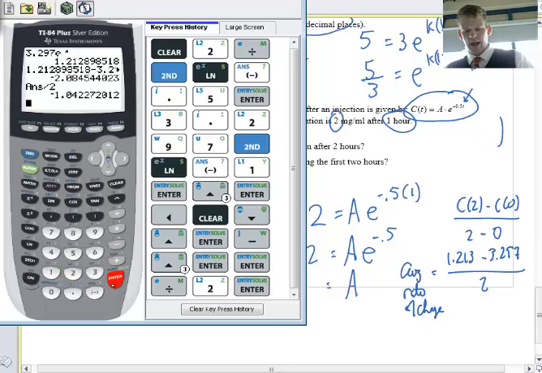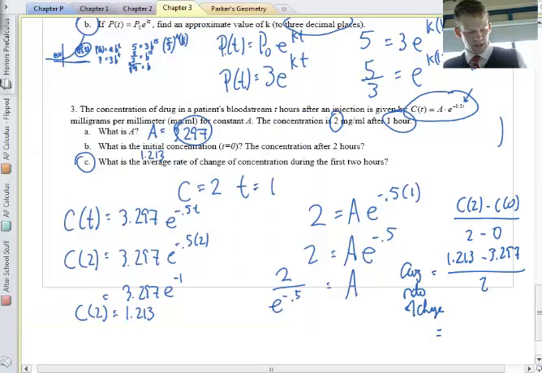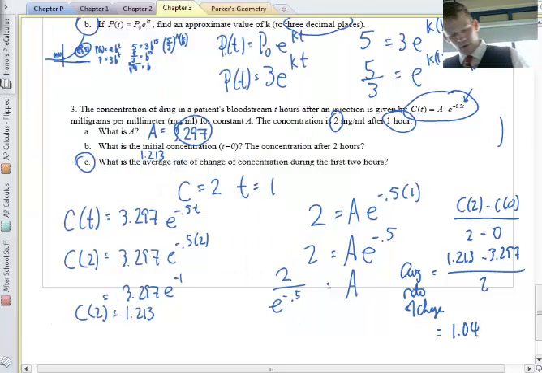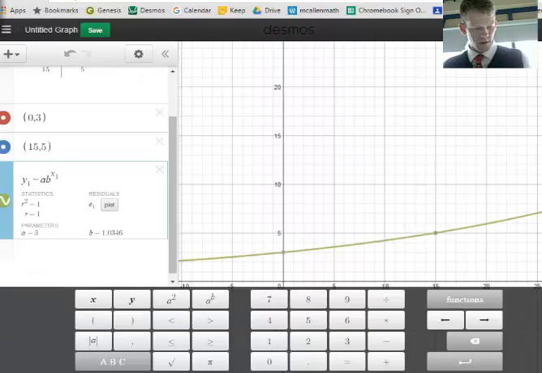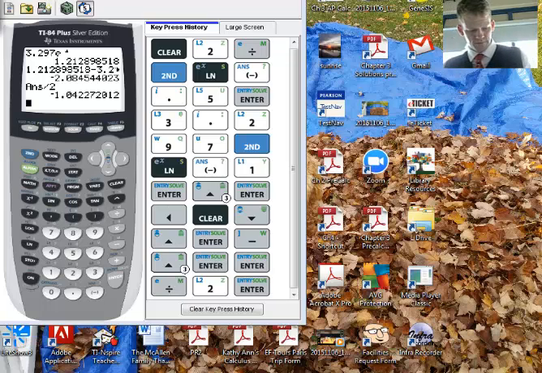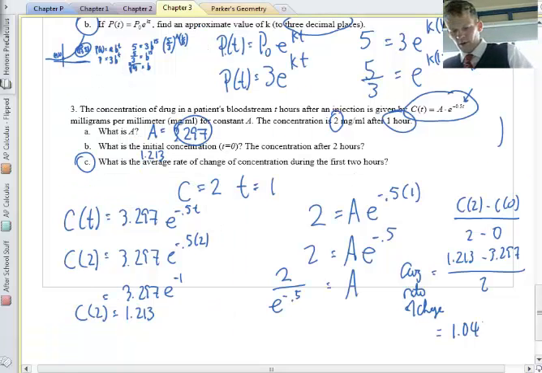And so my average rate of change is going to be negative 1.0422. Oh, sorry, Desmos. Don't need Desmos. Negative 1.0422. What are the units on this? Milligrams per milliliter per hour. That's the average rate of change.